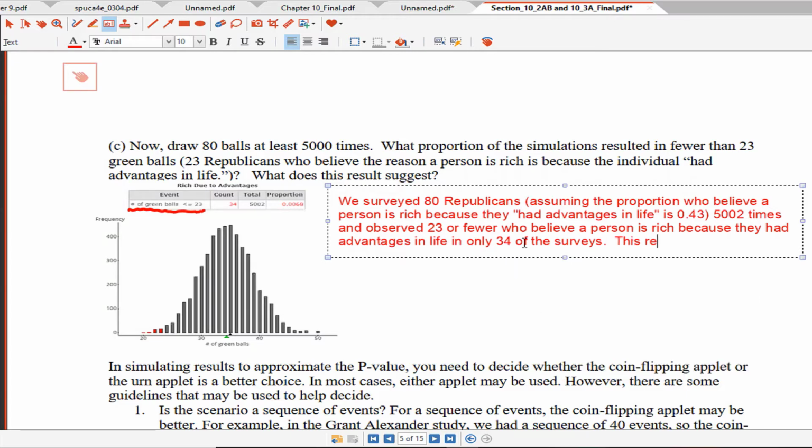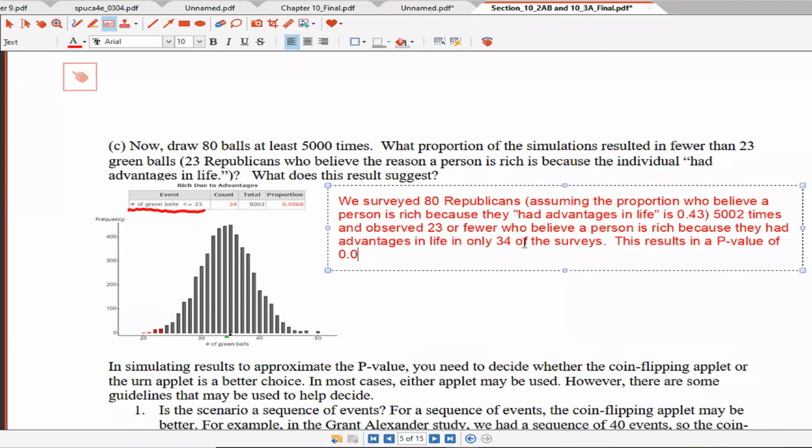This results in a p-value of 0.0068, which is about 0.007.